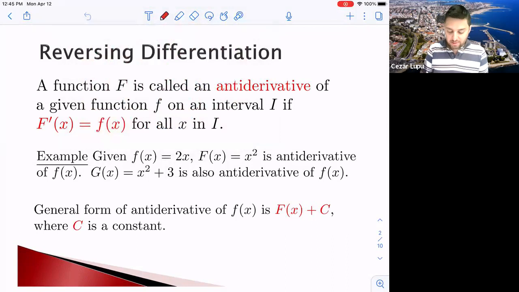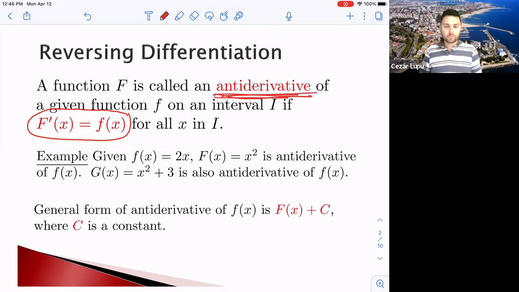This is the very important relation. So that's how we will define the antiderivative of a function f. Again, you have the function, and you would like to see the derivative of what function will give you your function. So this is what we call the antiderivative.